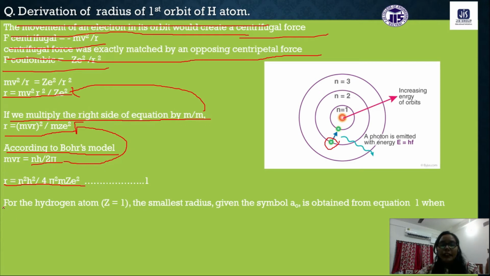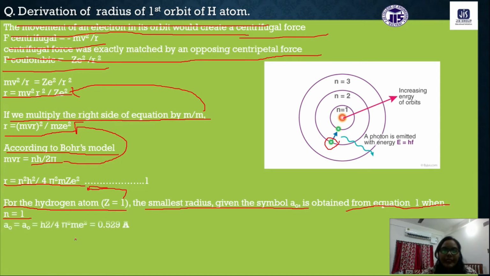Now for the hydrogen atom, what will happen? Z equals 1, we all know. The smallest radius is obtained from equation 1. So if we put z equals 1 in this equation, what will we get? And for hydrogen also n equals 1.